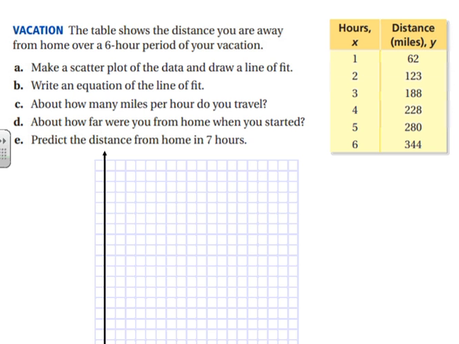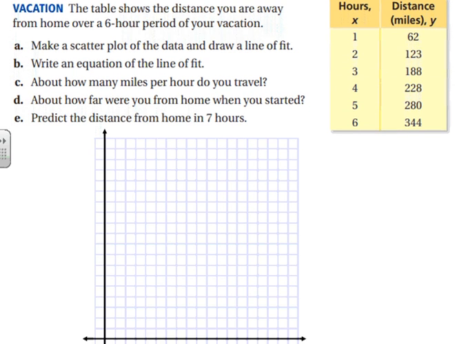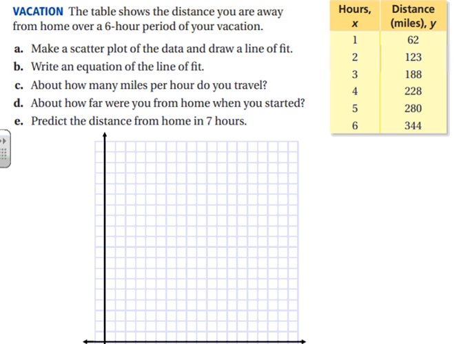Okay, let's work through an example with that. So this time we're going to be looking at vacation and how far away you are from home over a given 6-hour period. So first we're just going to make a scatter plot and then we'll be able to find our line of best fit.